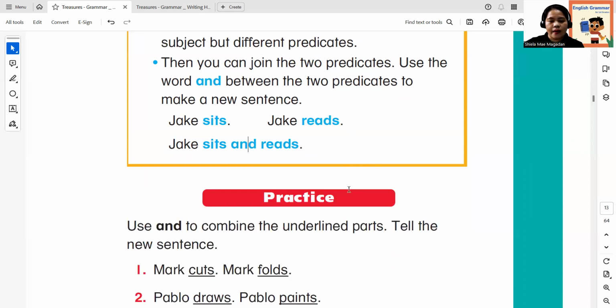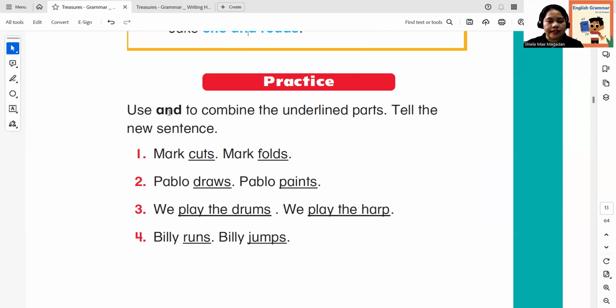Okay, very good. Now, let's have a practice. Use and to combine the underlined parts. Tell the new sentence. Now, Mark cuts, Mark folds. How to combine this? We have the same subject, Mark, Mark. So Mark, followed by a verb, cuts.